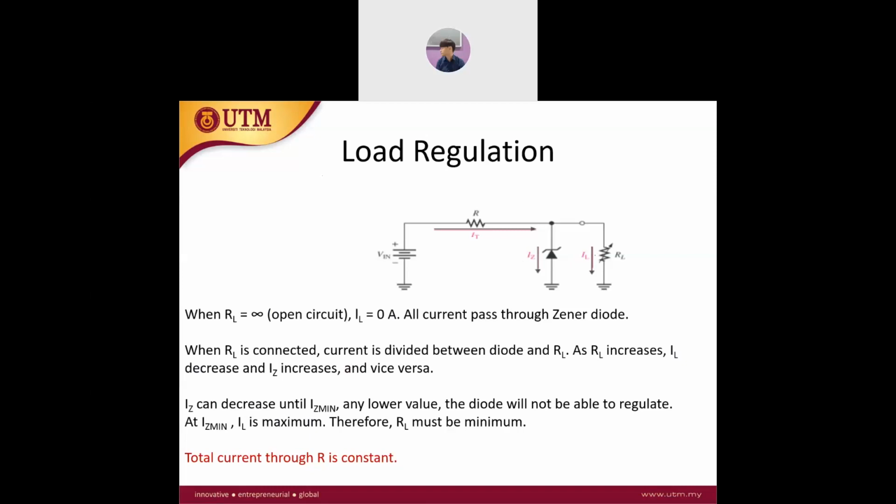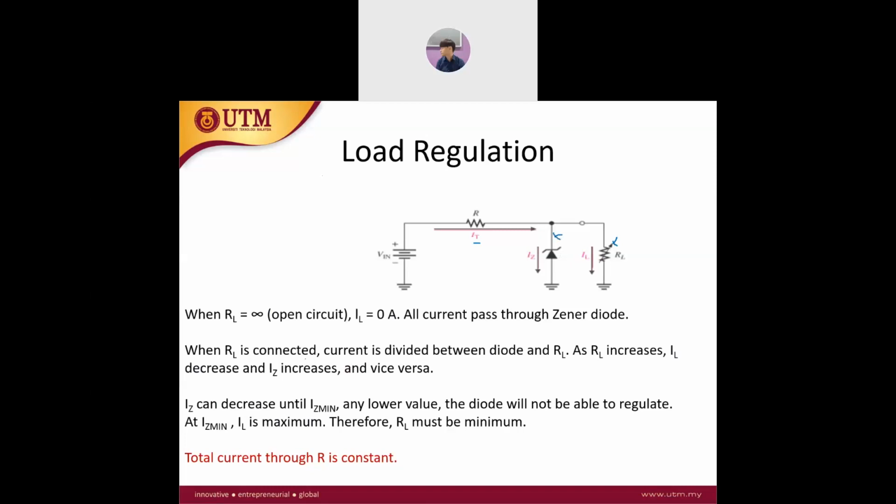And you have IL here, which is variable due to this arrow symbol, meaning the resistance can be changed in value. Then this is IT, which is I test. When RL is infinity, when it is an open circuit, no current flows and we have IL equals 0. All current will pass through this diode because this one is open circuit.